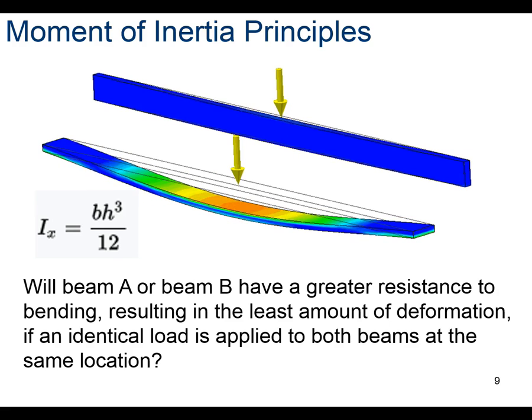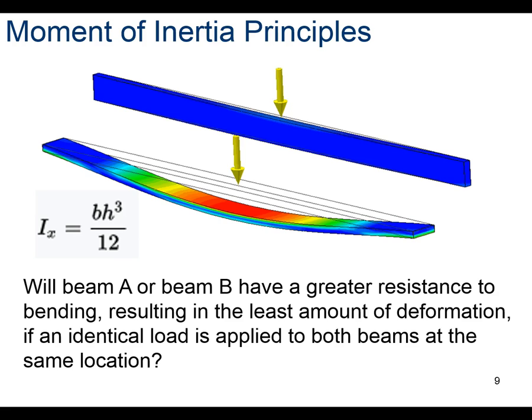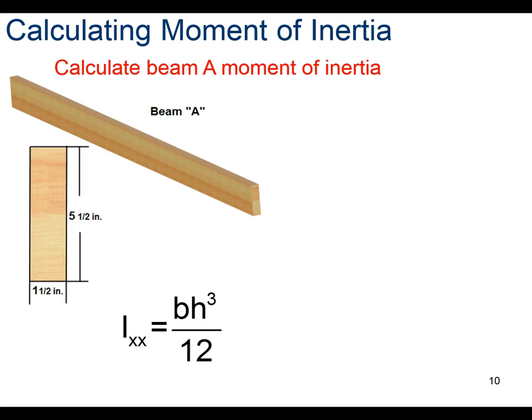Now let's mathematically determine how much more the plank will deflect than the joist using the equation for calculating the area moment of inertia for a rectangular cross-section. We will do this by calculating the area moment of inertia for both the plank and the joist, and then compare the two numbers. Starting with the joist, we notice that the height is 5½ inches while the base is 1½ inches. Substituting those values into the equation gives us 1½ times 5½ cubed, divided by 12.